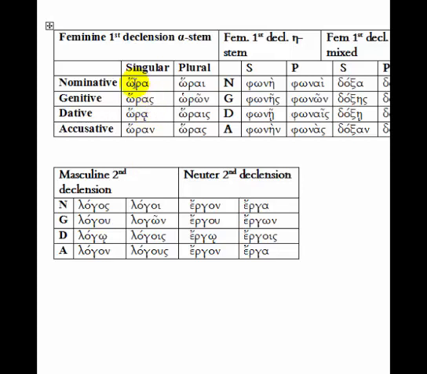Okay, notice here that the hora accent stays pretty much throughout. Now, in the genitive, as a rule, in first declension, it shifts, for the genitive plural, it shifts to a circumflex over the omega.